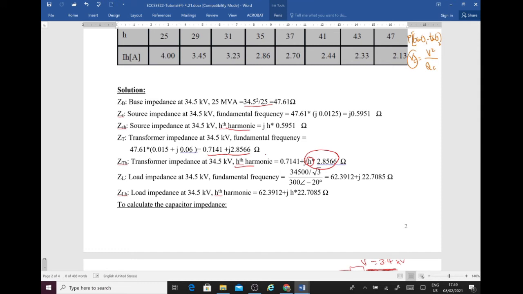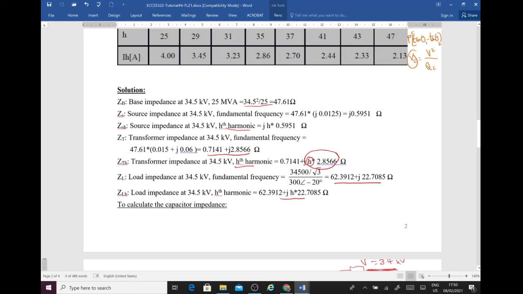To find the load impedance, because we have a load that will consume 300 ampere with angle of -20, we take the voltage and divide it by the current, so that will give us the load impedance at fundamental frequency. To find it at any harmonic, we need to multiply it by H.